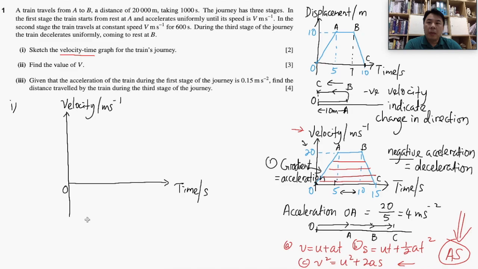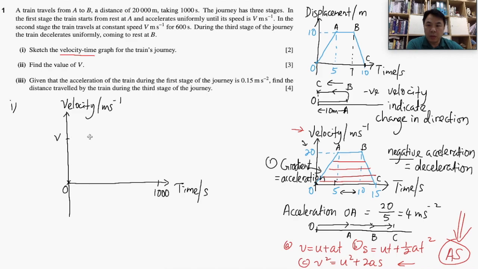Now it started off from A. It starts from rest, and the whole journey takes about 1,000 seconds. Initially, it starts from rest and then accelerates uniformly until it reaches the velocity v.